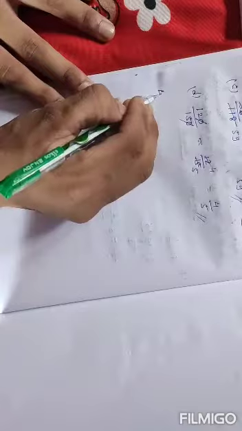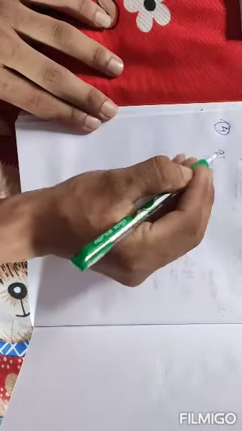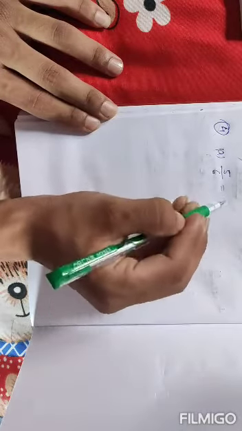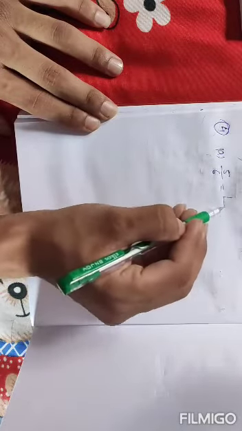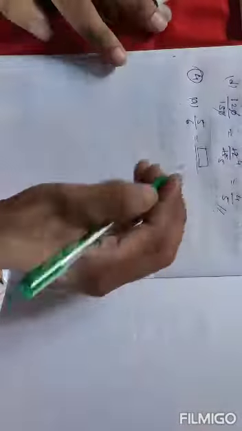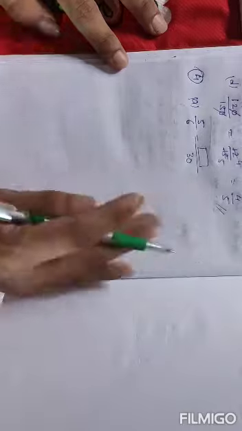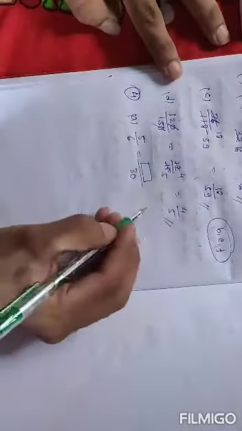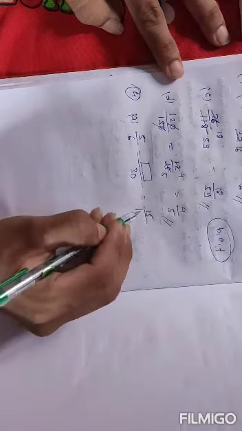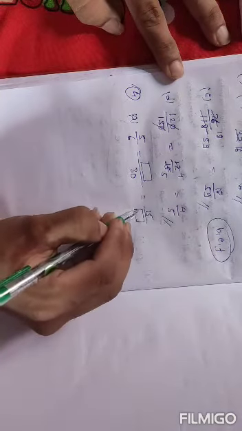Now we'll move to question number 4. So 4a, it is 5 by 6 equals to blank by 30 equals to, I'm just copying the question, 15 by blank.